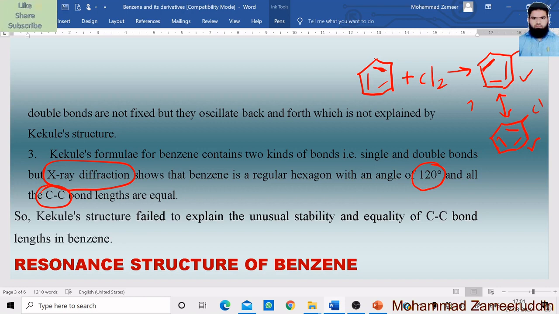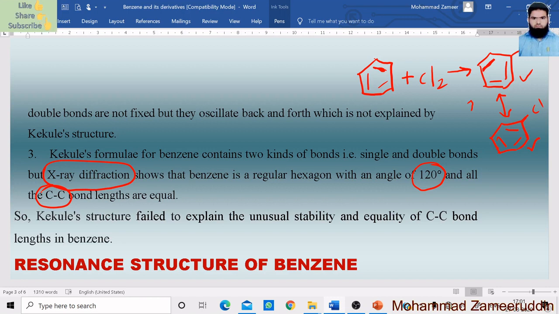ठीक है, but in the structure of benzene all bonds have equal length. So it must be that all bonds are equal in length. It means that there is no single bond or double bond, there is one equal type of bond. All bonds are equal, either they are all double bonds or all single bonds, but this is also not possible.